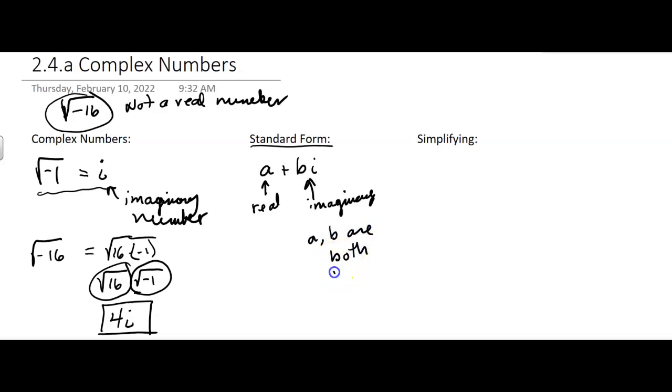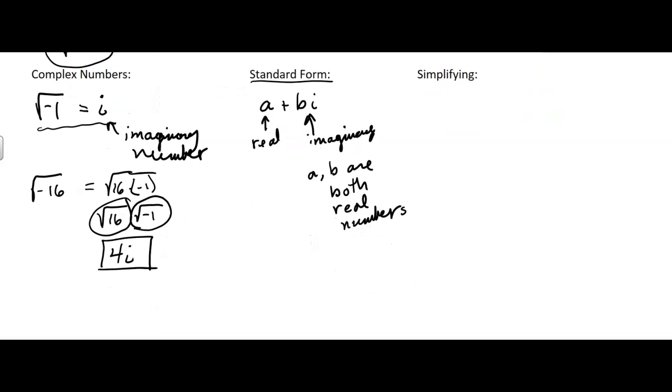Now, I hope that's not confusing. It's the i that makes it the imaginary part. Okay. But a and b are real numbers. Now, you might be looking over here and saying, well, what about that 4i? Well, you could write that as 0 plus 4i. So the real part is 0, and the imaginary part is 4i.